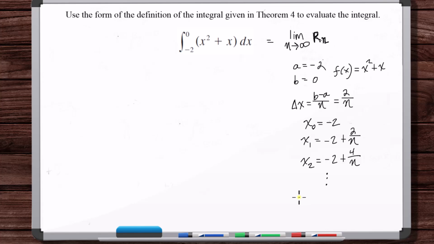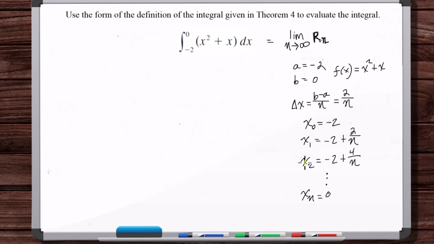All the way to x sub n, which is going to be b. That would be -2 plus n times delta x, so -2 plus 2, which is 0, which is b. This is universal for any type of Riemann sum you're doing.